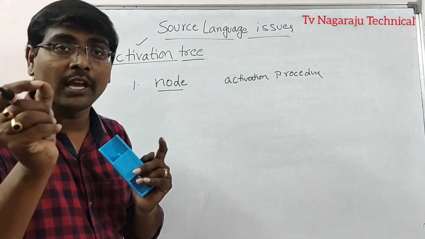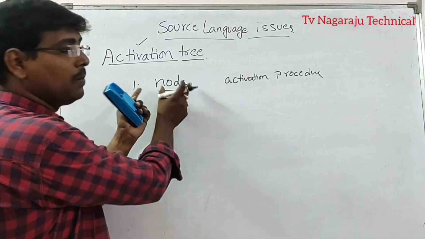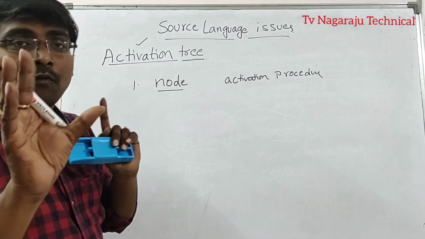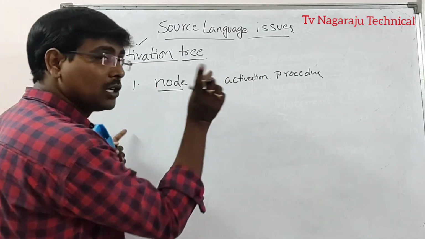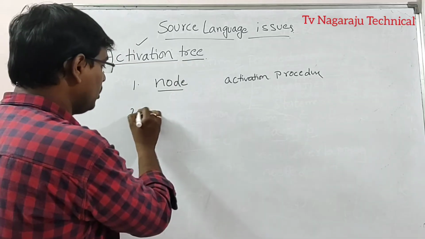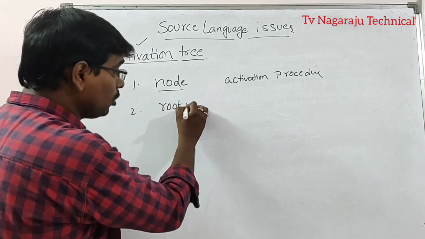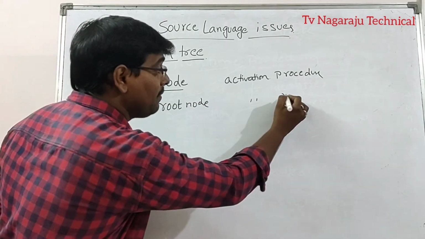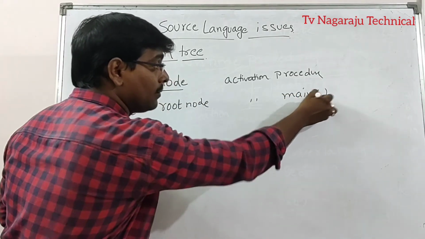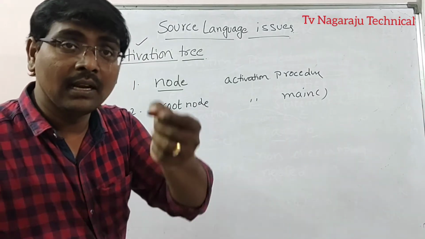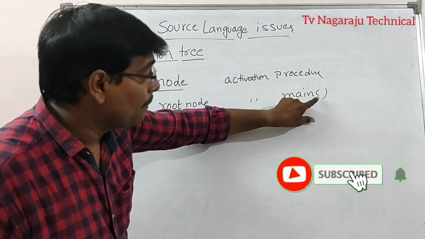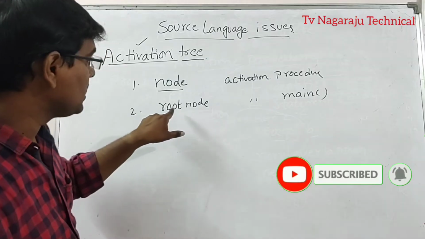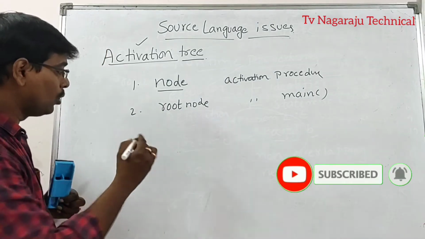Each procedure execution is represented by one node. Then the root node is fixed. The root node is the activation of main. Each and every program generally consists of main. The main activation is represented in the root node.